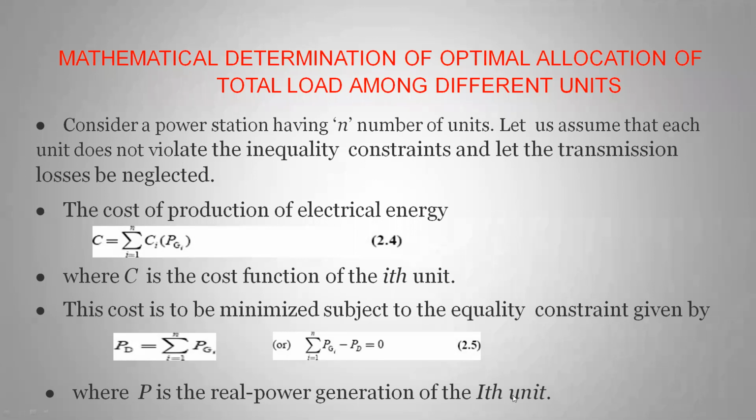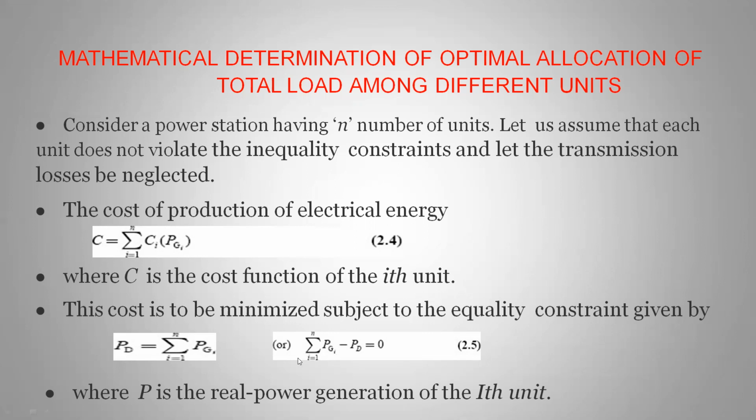So this is the mathematical determination of the optimal allocation of the total load among the n different units. Let us assume that each unit does not violate the inequality constraints, and the transmission losses are neglected.